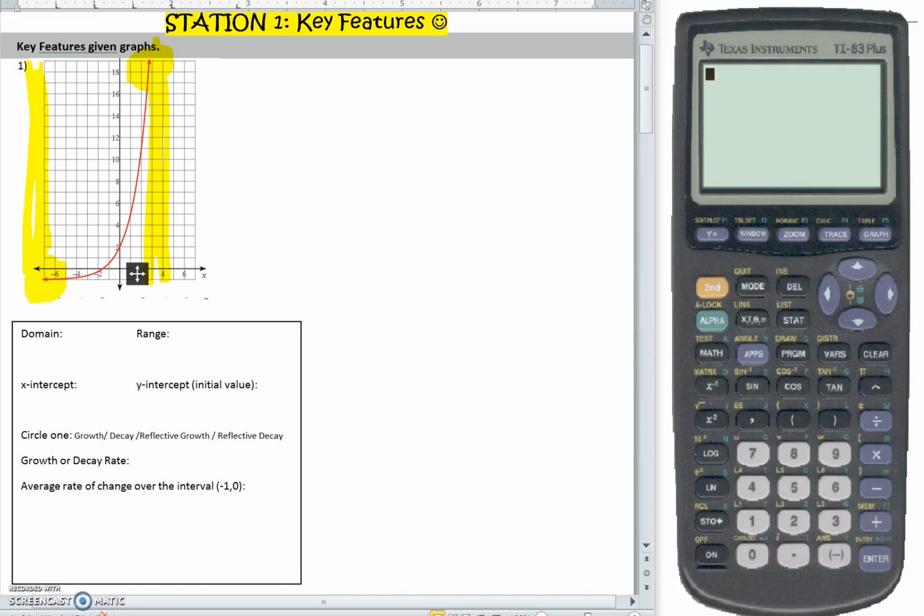Arrows mean the graph goes on in that direction forever. Well, I see that my graph's going to go to the left forever, so I technically cannot box it in on the left side. And my graph's going to go on forever on the right too, so I cannot box that in. Which means that I'm going to have an infinite number of x values that exist all the way to the left, which will be negative infinity, and all the way to the right, which is positive infinity.